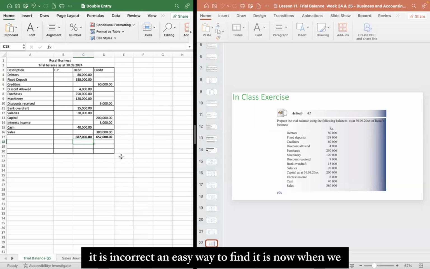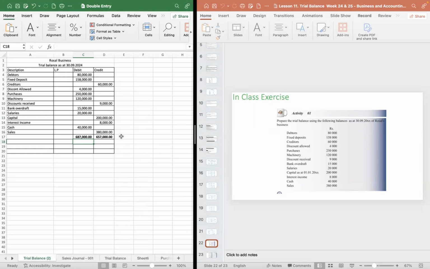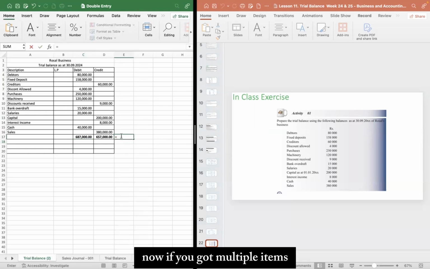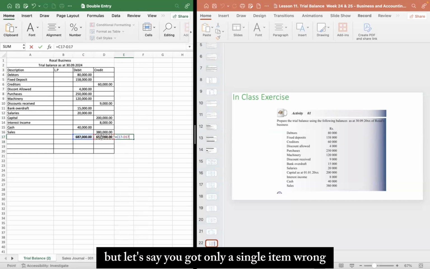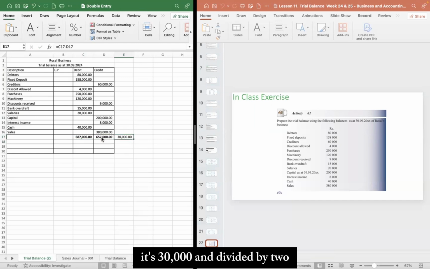An easy way to find the error is to look at the difference. If you have multiple items wrong, that's a separate problem. But if only a single item is wrong, look at the difference, which is 30,000, and divide it by 2.